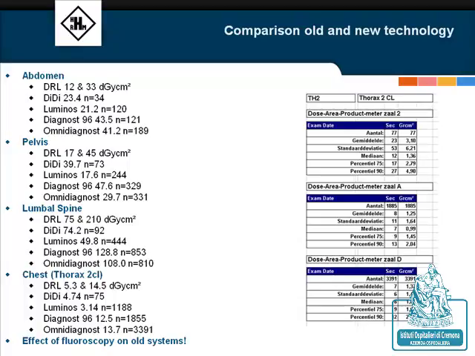What you also see is the effect of fluoroscopy. Here what you see is a thorax, the chest, two cliches. You find here the exposure time. The exposure time, the median of the old system, the mean is something like 7 seconds. If you take a photo, that's in milliseconds, okay? What you see here is that on the old system, where there was fluoroscopy on every patient, they put on the pedal to give fluoroscopy to get the patient right, but that gives a lot of dose, which is not necessary.